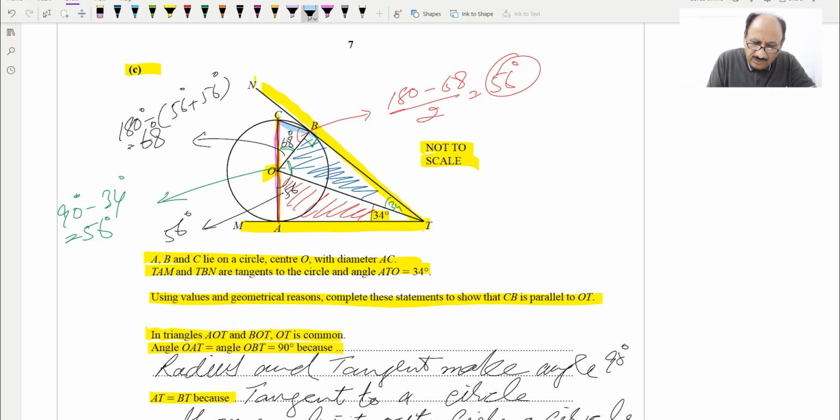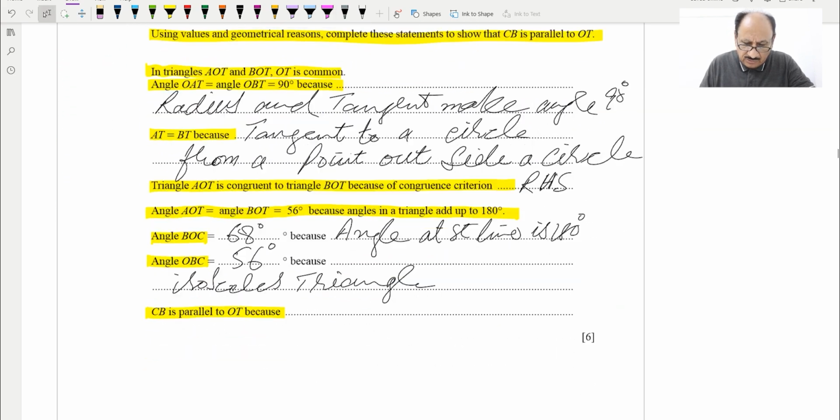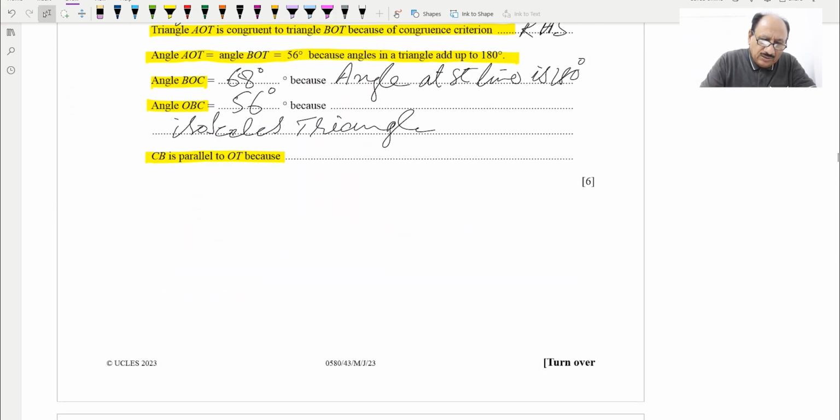So if we make Z, it will be this one. So this angle will be equal to this angle, which we have already proved. So 68 is equal to 68. So we can write alternate angles are equal.